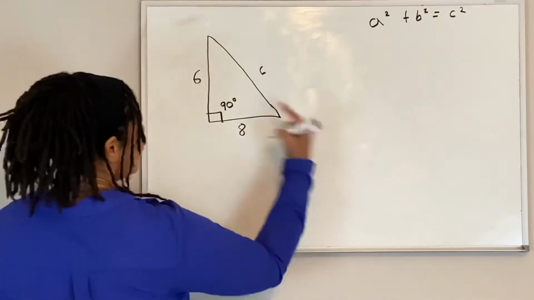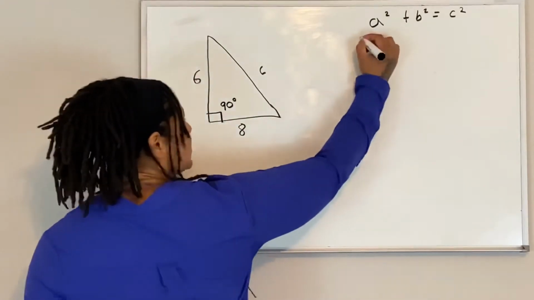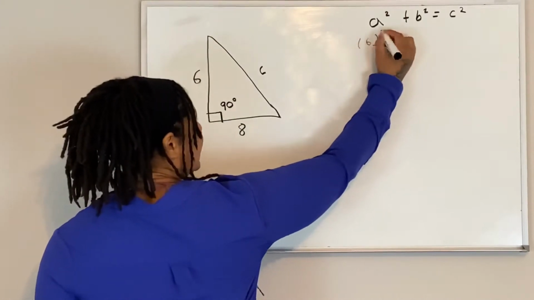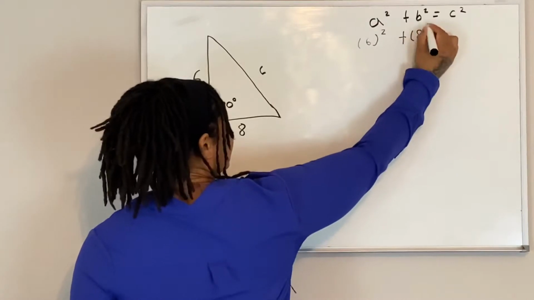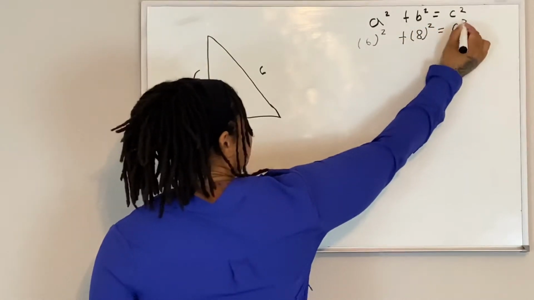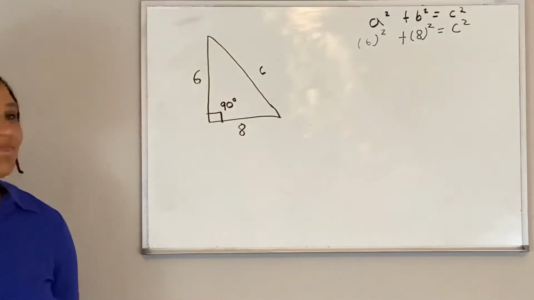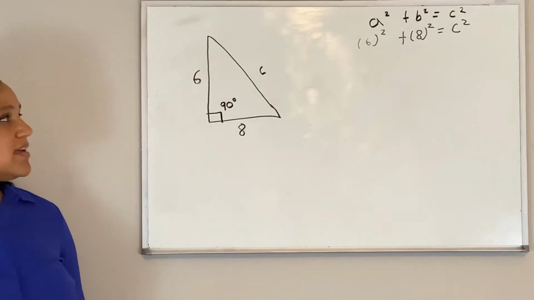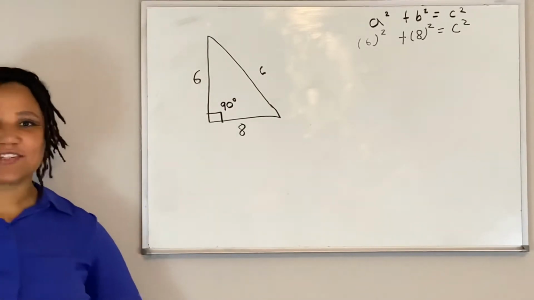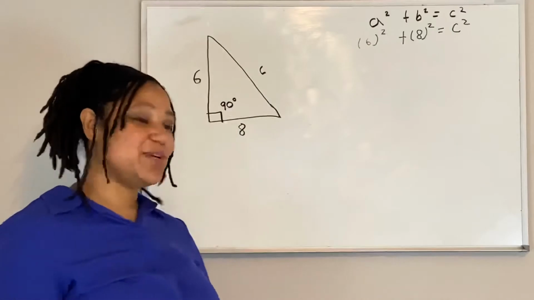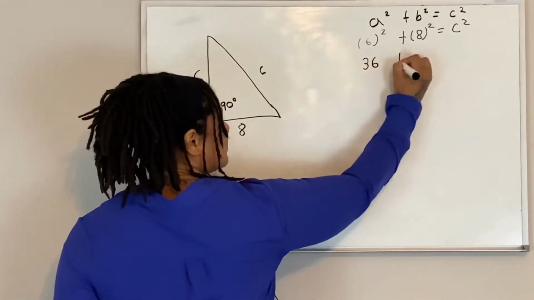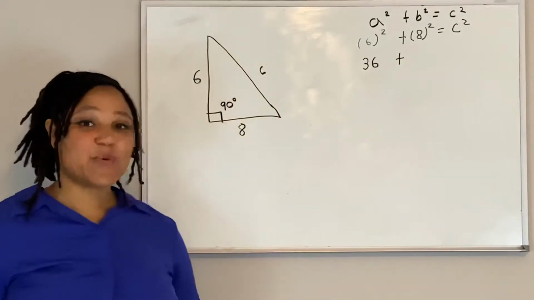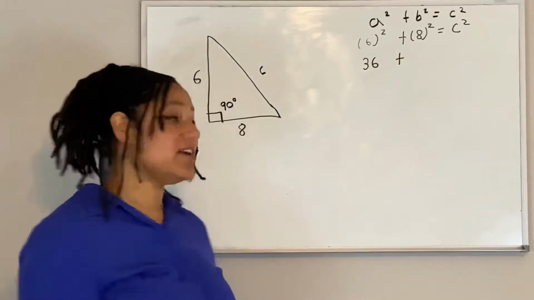So what is our A? Our A is 6. So I'm going to plug in 6 for A. And I'm going to plug in 8 for B, and I'm going to solve for C, okay? So right here is just computation, so let us compute. 6 squared is 36. 8 squared is 64.